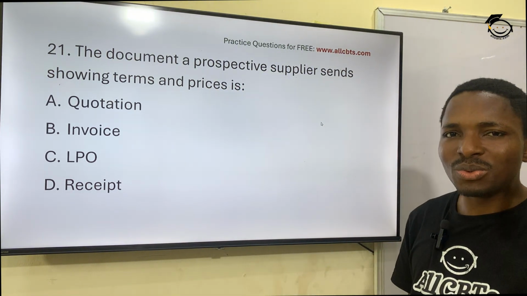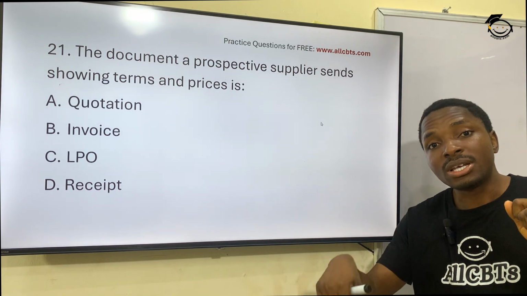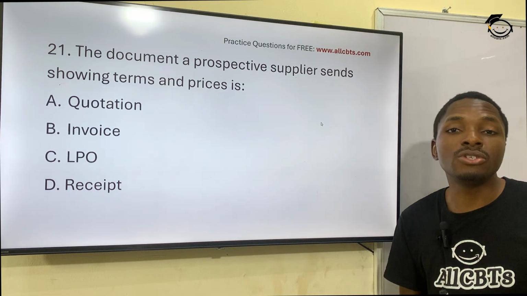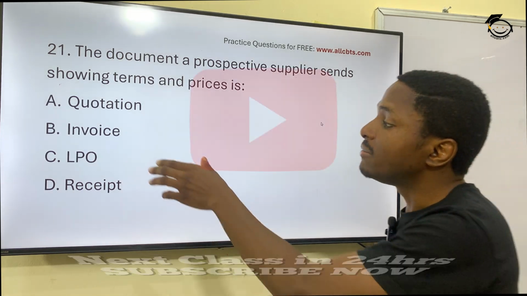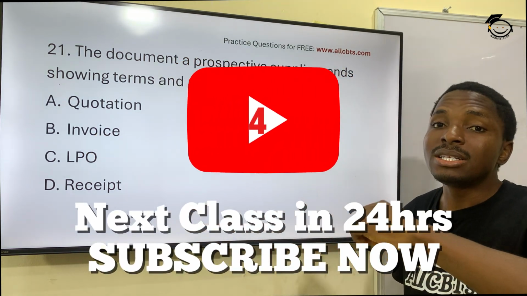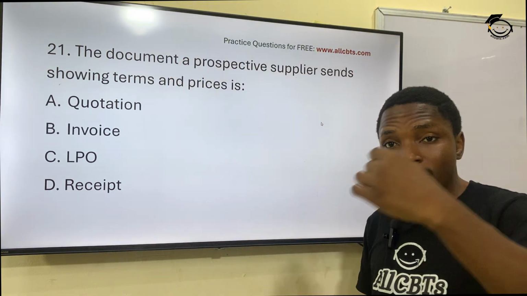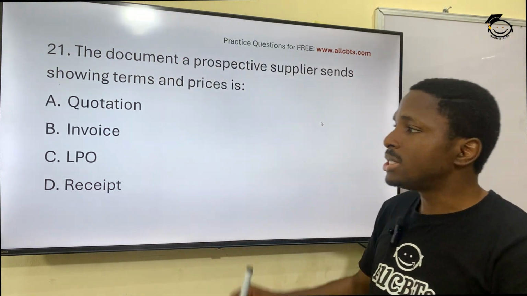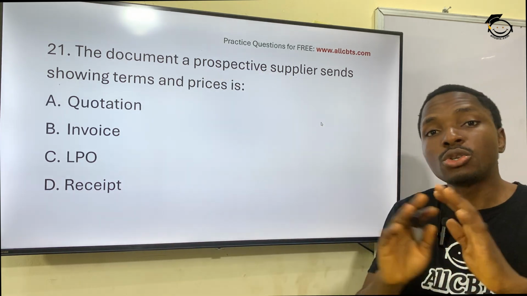You can go and check it within the first 10 questions in the previous video, which you can find the link to in the description of this one. I've attached the video. So now, I told you that was invoice because it is a document that is sent after or alongside the goods that are supplied to the company. But in this case, you are a prospective supplier. You've not supplied the company yet.